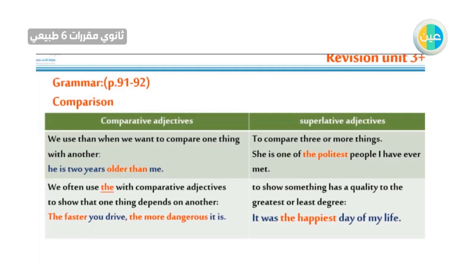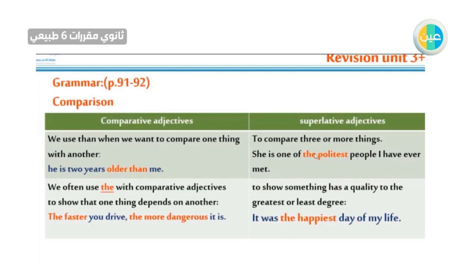Superlative: we are comparing three or more things or people. She is one of the politest people I have ever met. I'm not comparing her to another girl or boy. No, in general. So she is one of the politest.